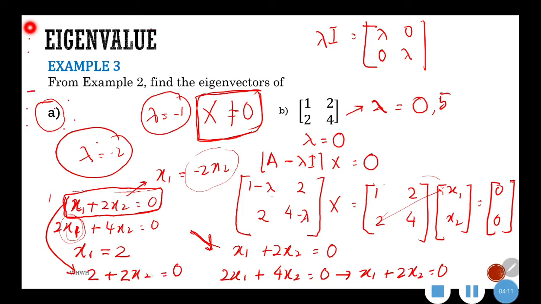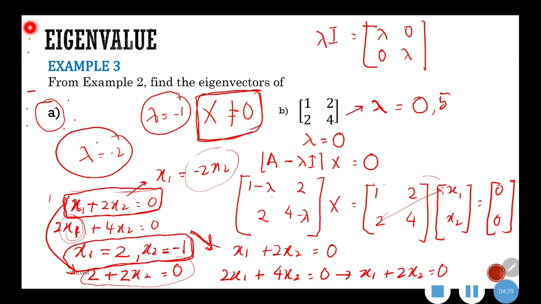So what will be the value of x2 that makes this equal 0? You can work it out in your head. It gives us x2 equals -1. There you go.